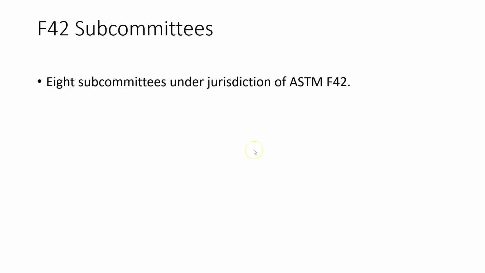All right, so the F42 subcommittees. F42 is a committee dealing with additive manufacturing technologies. There are subcommittees under F42 that are in charge of different aspects of additive manufacturing.